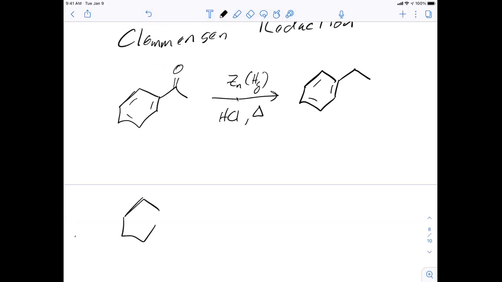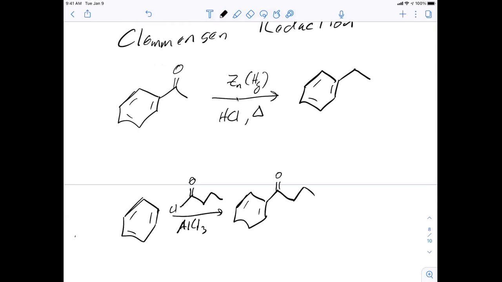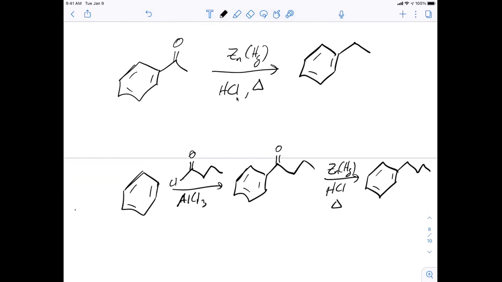So in our example above, we could have taken this Friedel-Crafts acylation to give us this long chain addition. And then we could have used the zinc amalgam. This is a new reaction to give us the primary addition.